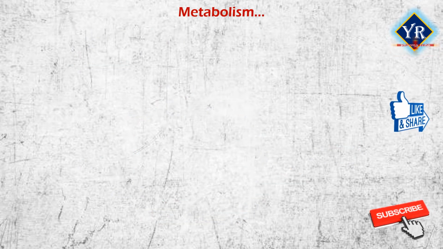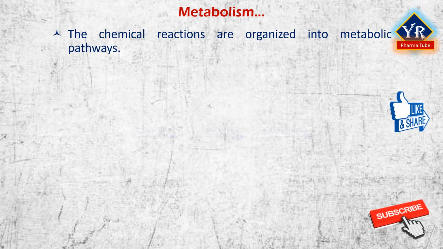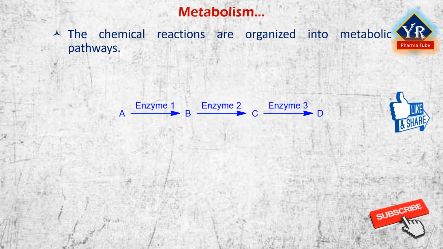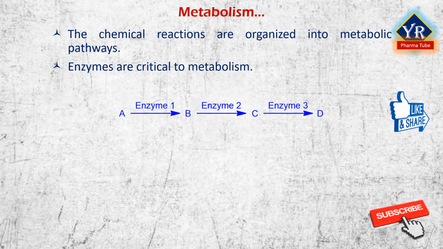The chemical reactions of metabolism are organized into metabolic pathways in which one chemical is transformed through a series of steps into another chemical, each step being facilitated by a specific enzyme. Enzymes are critical to metabolism because they allow organisms to drive desirable reactions that require energy and will not occur by themselves by coupling them to spontaneous reactions that release energy.